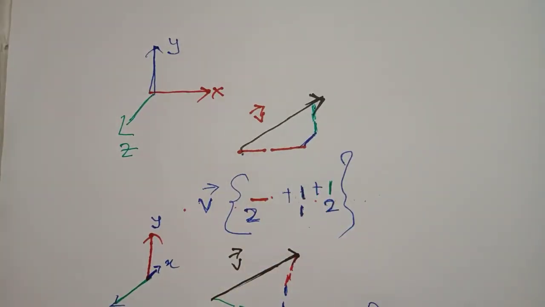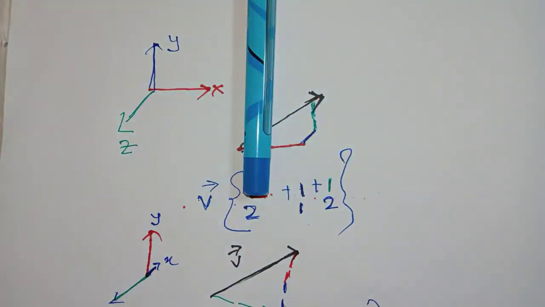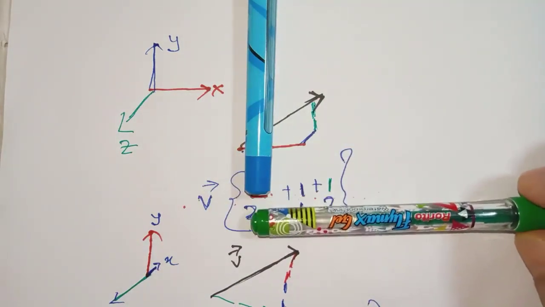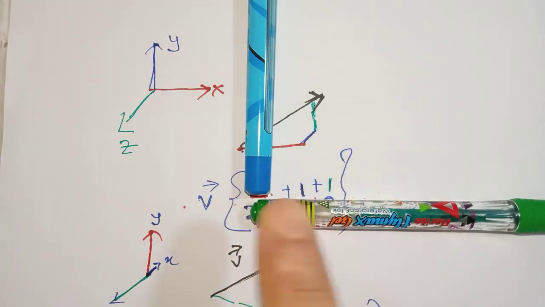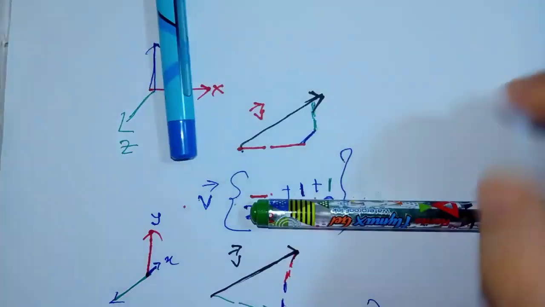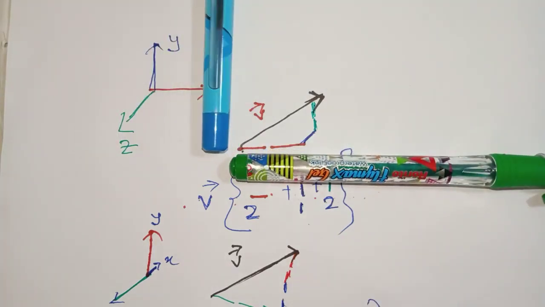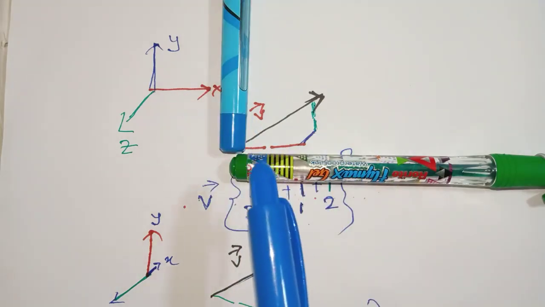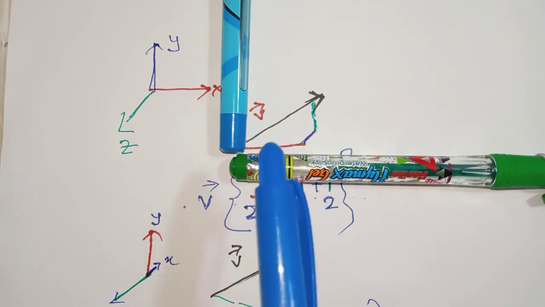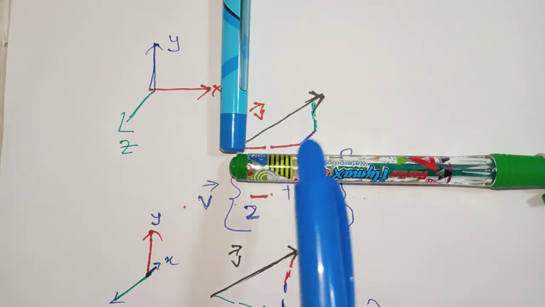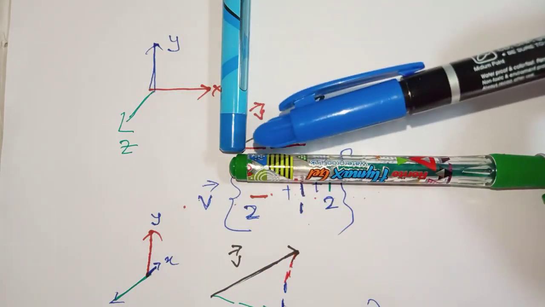How many components? You can think of something like this. See for example, if this one is a pen, the x-axis, and say for example this one. How many of these coordinate components, all this is a green pen, doesn't matter, would make up the x-axis? 1, 2, then it would go in this direction, 1, 2, and how many in this direction? 1, 2.